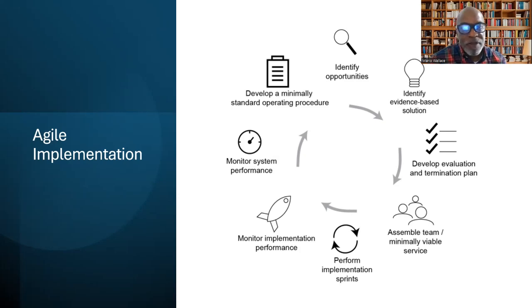Assemble a team, an interdisciplinary team that can help work this particular initiative. Remember, we're talking about working within a complex adaptive network. So the first thing that we talked about is emergence. We know that when teams work together, especially an interdisciplinary team, there's always emergence of information that comes out of the team.